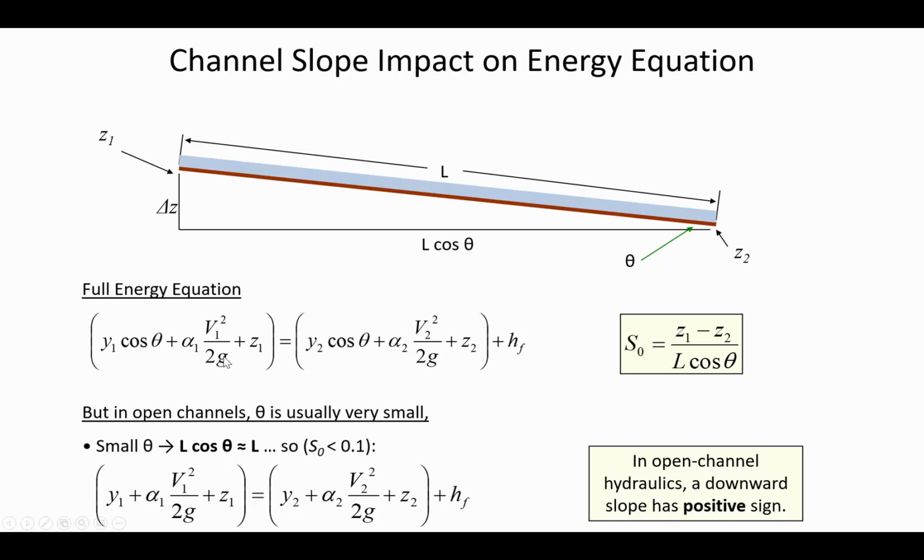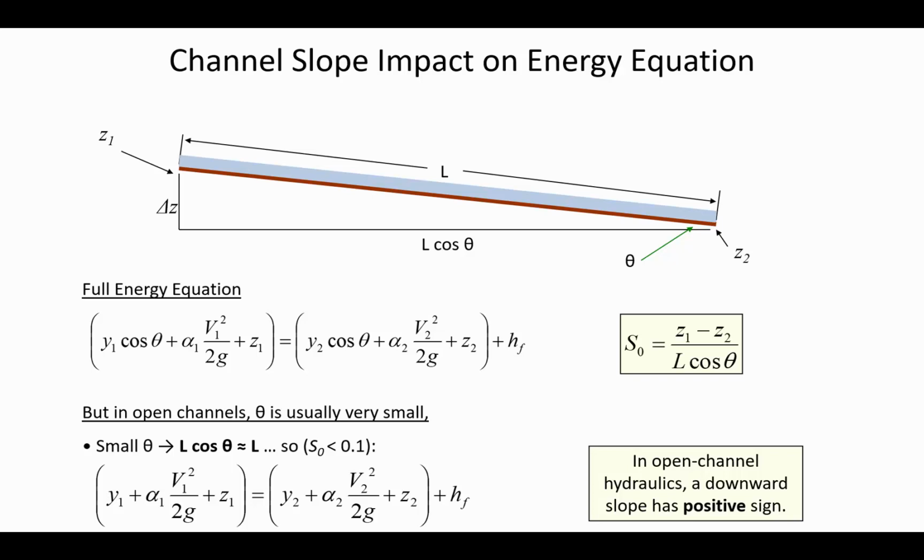Now, one other thing I wanted to mention: the water is flowing downhill, but slopes are expressed with the understanding that we mean downhill. So there's a positive sign associated with the slope. If I tell you it's a 1% slope, that doesn't mean it's 1% uphill.